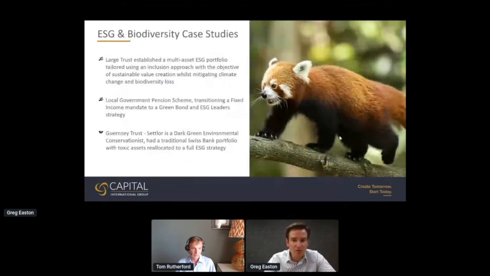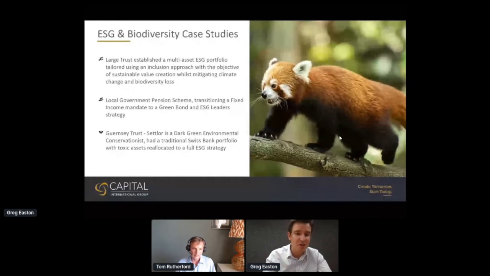And so we also thought, just for participants, it might be useful to provide a couple of case studies, recent ones that we've seen and that are now live investment strategies that we're running for clients. So the first one we thought we'd share is we've recently established a multi-asset ESG portfolio that we tailored, and it was using an inclusion approach rather than an exclusion approach.